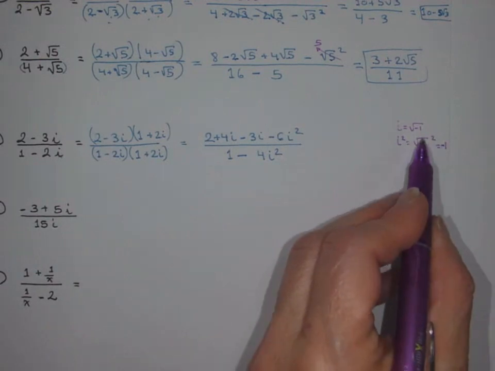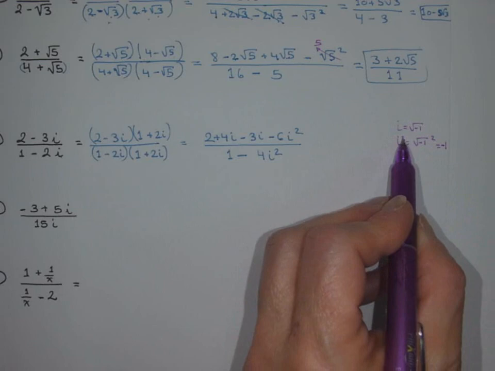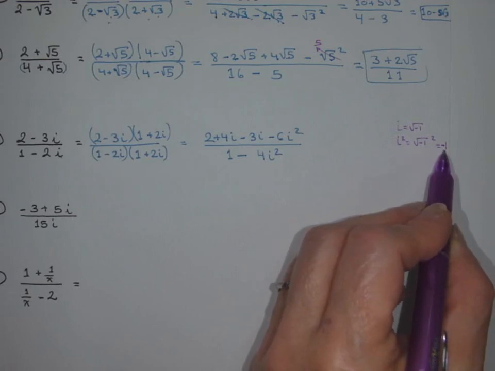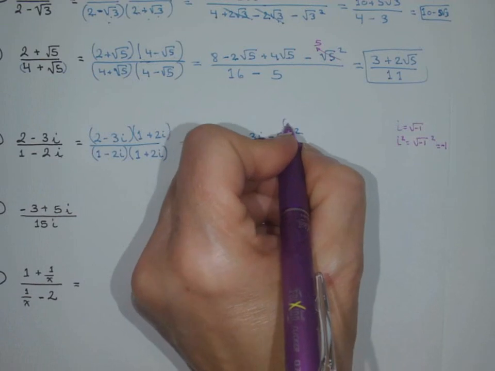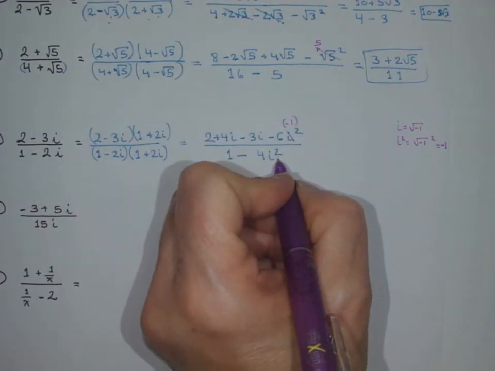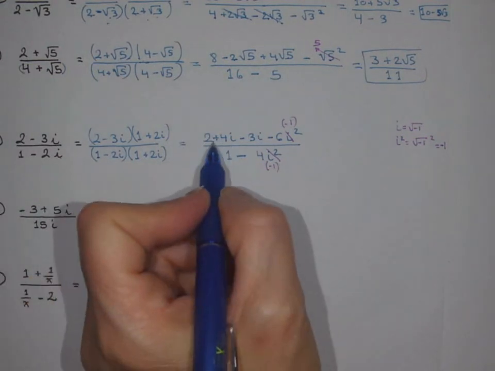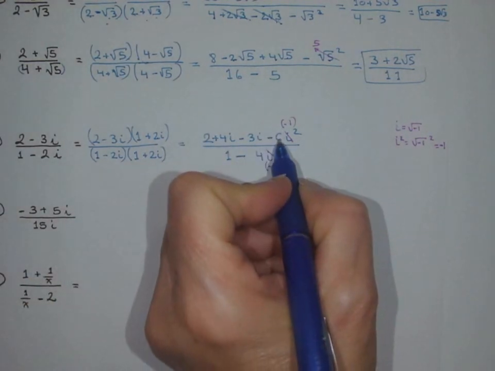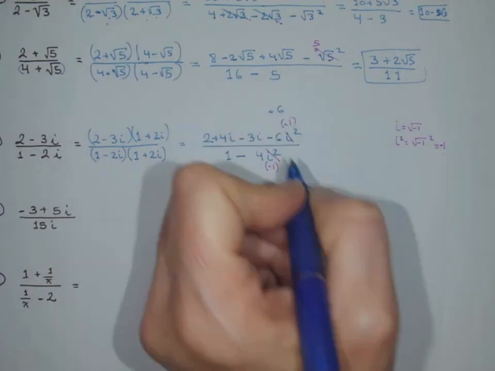A square root and a square, they're inverse operations, they cancel each other. So i squared is technically really just a negative 1. So this i squared here becomes negative 1, and this i squared here becomes negative 1. So we have a negative 6 times a negative 1 becomes a positive 6, so that becomes plus 6.